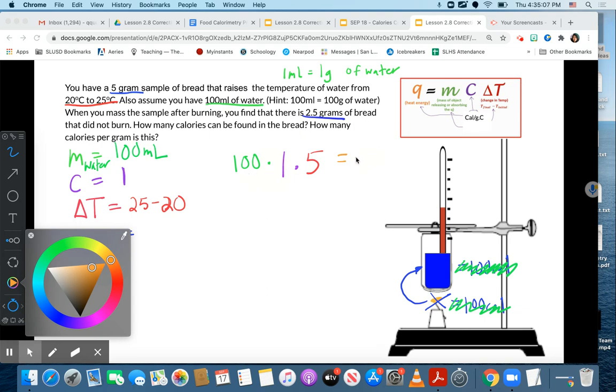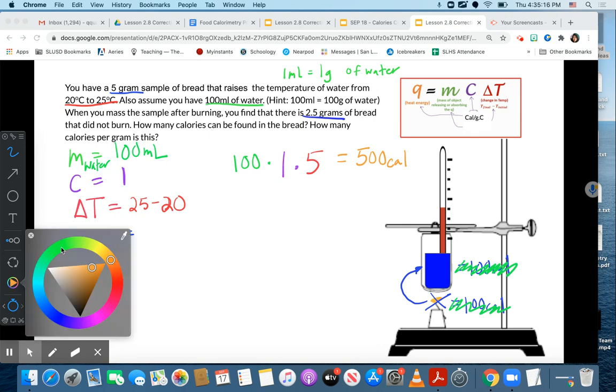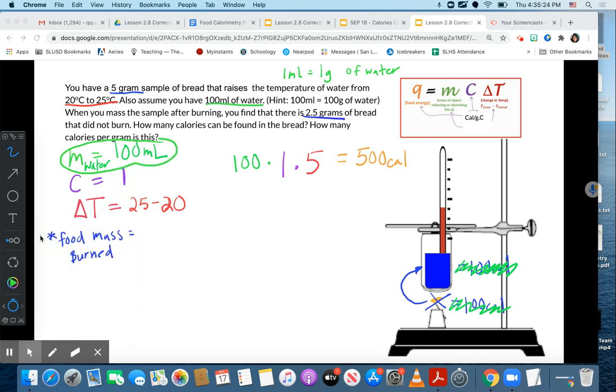So 100 times 1 times 5 is 500 lowercase c calories. The error I made mainly was that in the video, I talked about taking the mass of the food, not the mass of the water. You should be taking the mass of the water. So this 500 calories answers the question that we were addressing before.